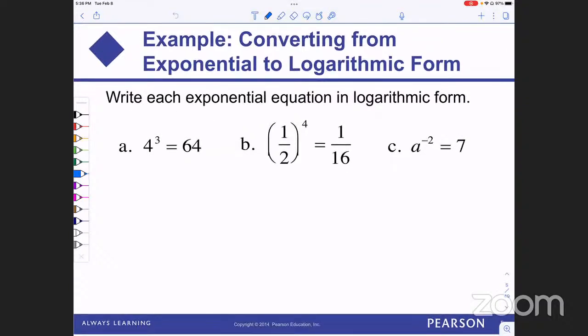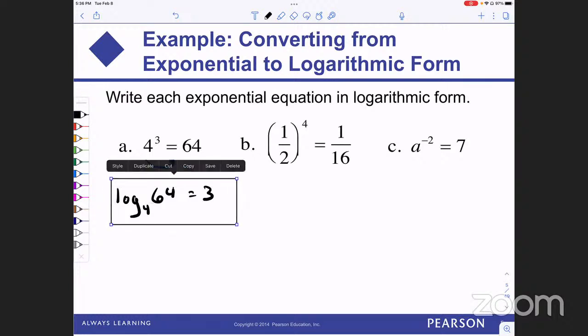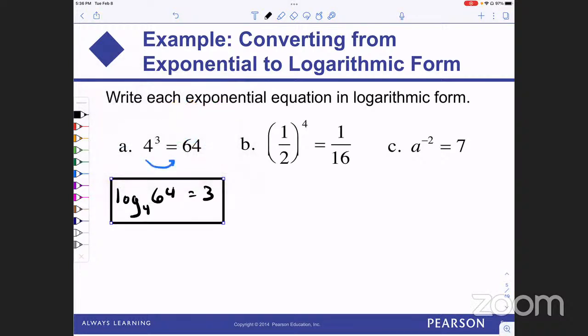Exponentials as logs, for instance, the base for part A is the 4, so it's going to swing over and become the base of the log. So when the 4 swings, now we have log of 64 base 4 equals 3. The base of the exponent swings and becomes the base of the log.